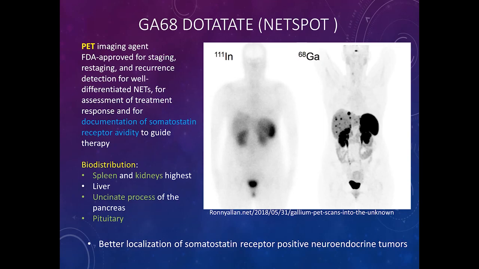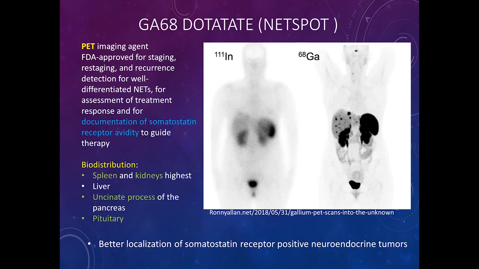And with all PET scans versus SPECT scans, you know that PET scans provide much better resolution. And because it's usually PET-CT, it gives you very good localization. And you can see that the same on the right side on the image, the same patient was imaged with indium-111 OCTREOSCAN versus gallium-68 NETSPOT.